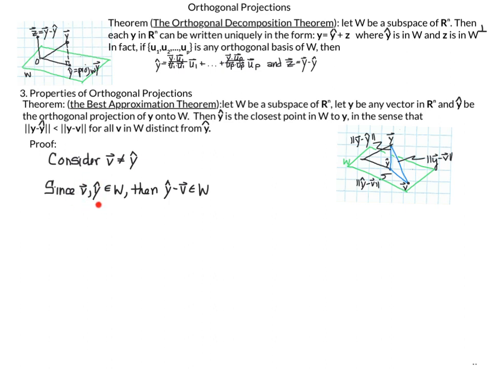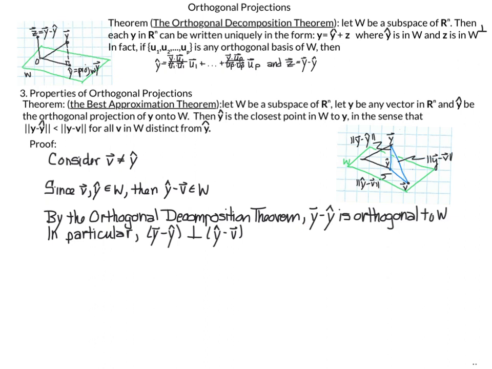Since v and y hat are in W, we'll also consider the fact that y hat minus v, that's this vector here, the distance between y hat and v, is also in W. So this vector y hat minus v is in W. By the orthogonal decomposition theorem, y minus y hat, which is z, is orthogonal to W. In particular, y minus y hat is perpendicular to y hat minus v, because y hat minus v is in W. So far, I've looked at y minus y hat here, and I said it's perpendicular to y hat minus v.